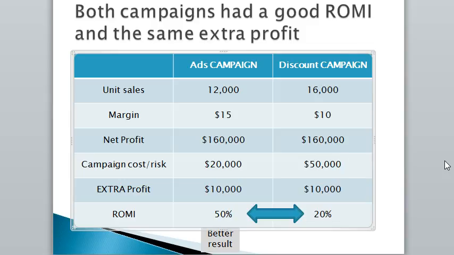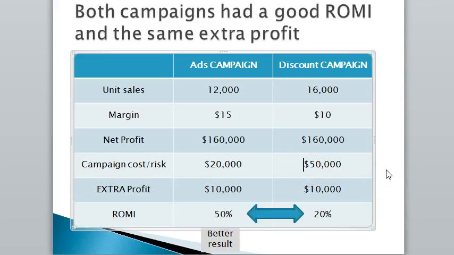We ended up with reduced revenue streams coming in because the margin per sale had been reduced. So we effectively put $50,000 on the line. If it didn't work, we were out of pocket $50,000. So we've still made $10,000, but there was a bigger downside. If this didn't work, the ads one, we were out of pocket $20,000.